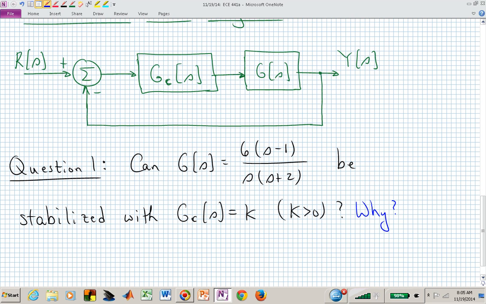Take a minute, and that's all it should take you based on what you know at this point in the semester. And on Friday, for the exam, you'll want that to take you a minute or less. That's the speed with which you need to be doing these kinds of problems. Can you stabilize that system with a positive K?